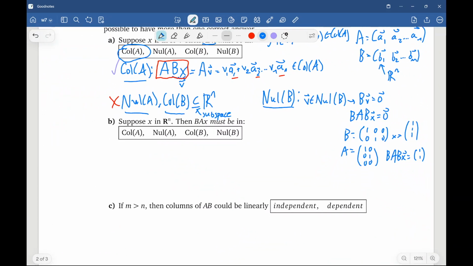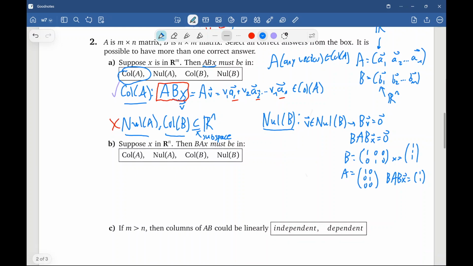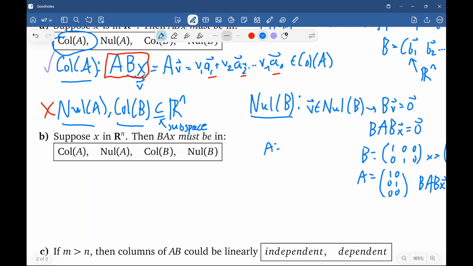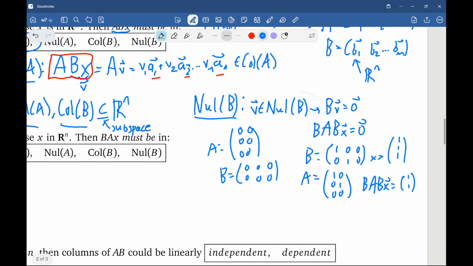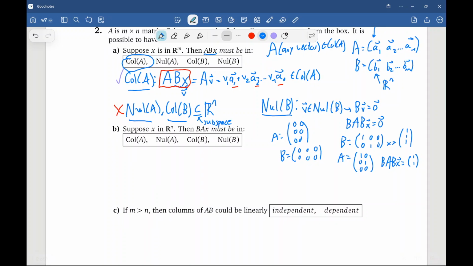Again, depending on what A and B are, it could be in the null space of B, but not always. If A and B were just 0 matrices, then BABX would always be 0.